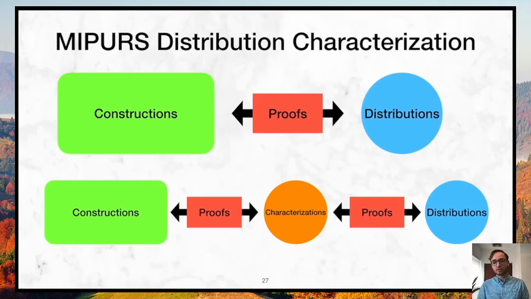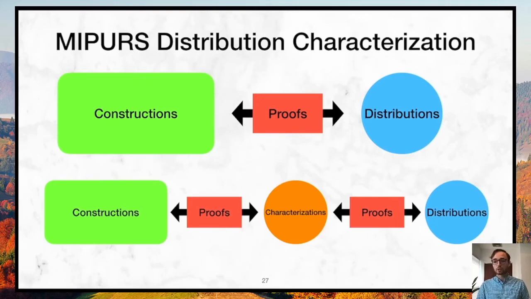This means that instead of having to prove that a new distribution is secure using our construction, if you instead prove that this distribution meets the characterization of MIPURS, then it will automatically have a secure construction.